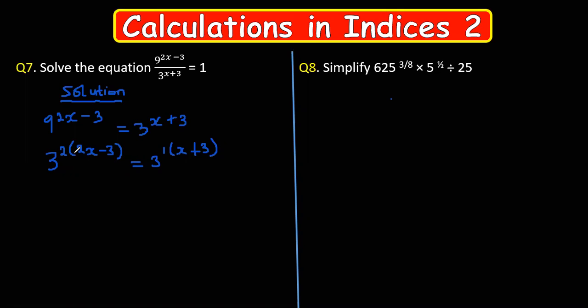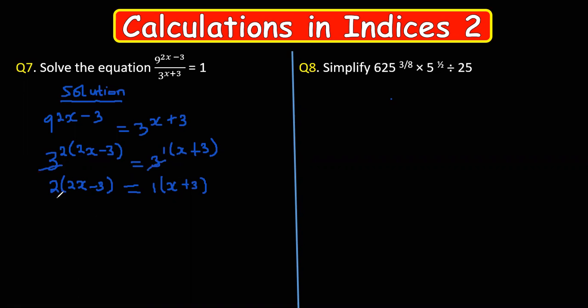So we are going to have 2 brackets 2x minus 3 close brackets equal to, let's just put it there, plus this. So don't forget this, take care of this, cancel out.